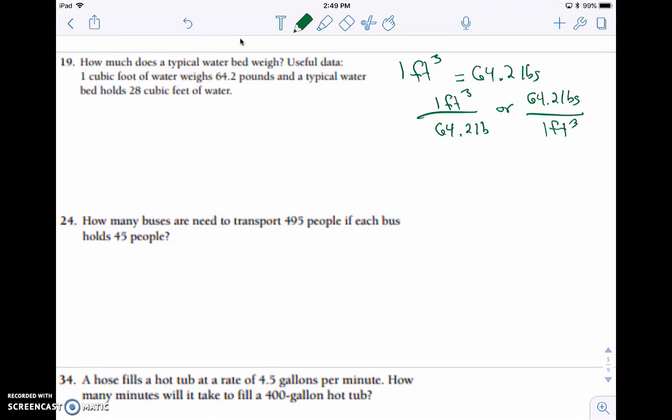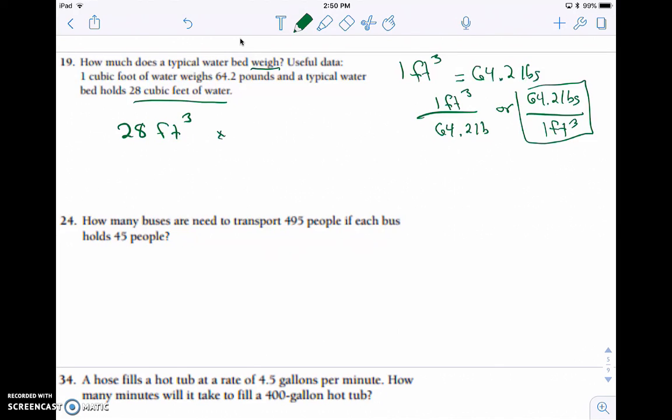And we want to now figure out the weight. So we want to know how much this thing weighs. In the end, we're looking for a weight, so we want pounds. And we know that this particular waterbed holds 28 cubic feet of water. So we want to now convert. We have 28 cubic feet of water in the bed, and I want to cancel out the cubic feet and have pounds in the end, so I'm going to use this conversion fraction right here, because that will do it.